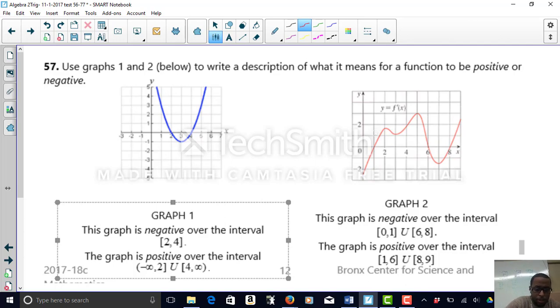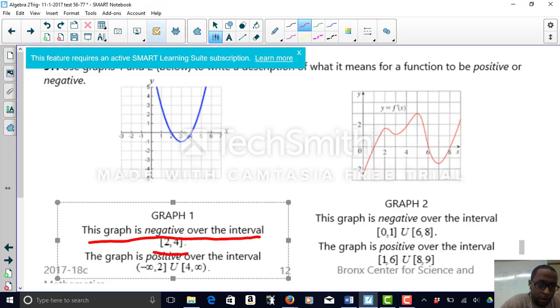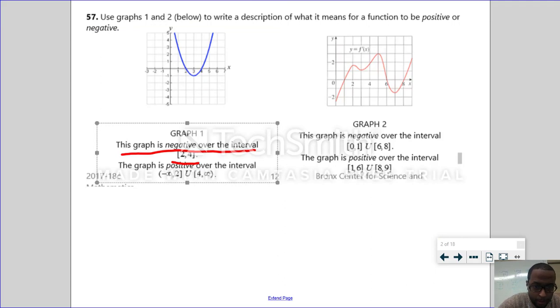So for this first one, it says the graph is negative over the interval 2, 4. So if I look at the interval from 2 to 4, what I'll recognize is that that is negative. So what you're really looking at is the x-axis, okay? Anything below the x-axis is negative.